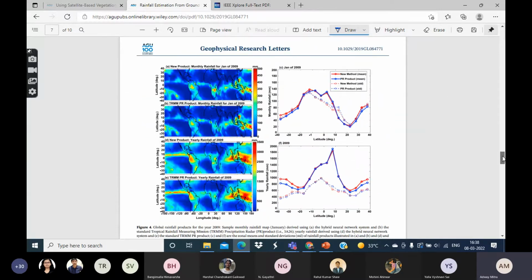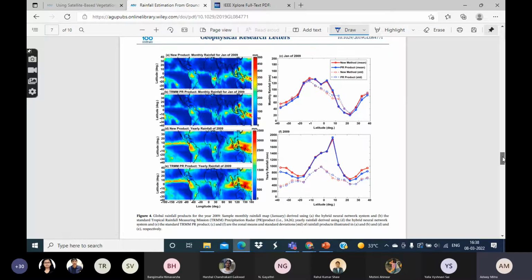It takes the rainfall measurements from different sources, the ground sources as well as the space sources, and is able to reconcile them to a mutually consistent value, which is also consistent with more direct measurements, maybe either from the rain gauges or the data products from TRMM.